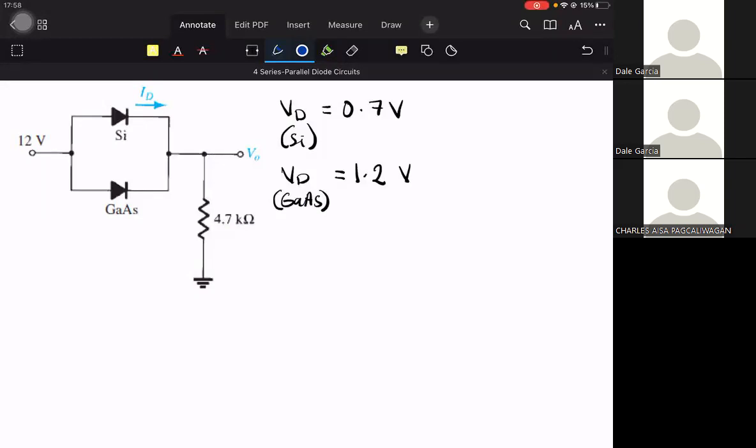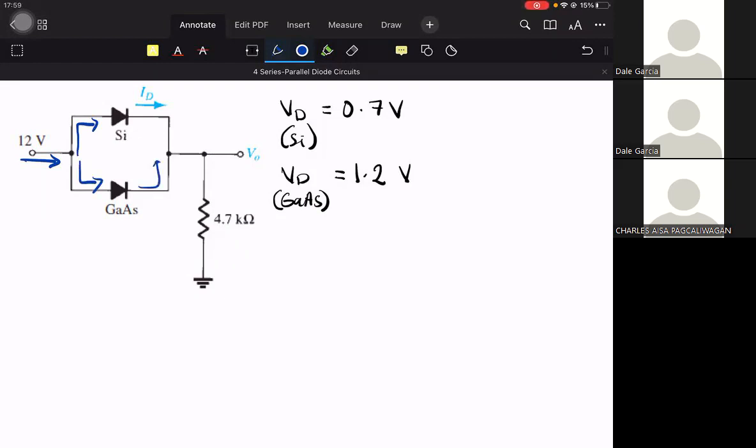In terms of current, I think dili ta masayop if mag-assume ta nga mo coincide ang direction sa atong source. So if this is a 12-volt source, dito na iyahang direction sa current, I node, so mutunga na siya. One would go here, another one would go here.